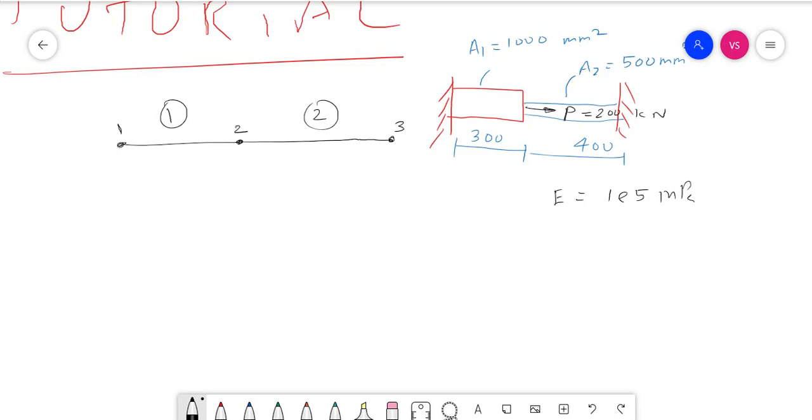When we write the stiffness matrix for element 1, the only thing common between the two elements is this E. So only that can stay out. For example, here you will write A1 E over L1 times [1 minus 1; minus 1 1].